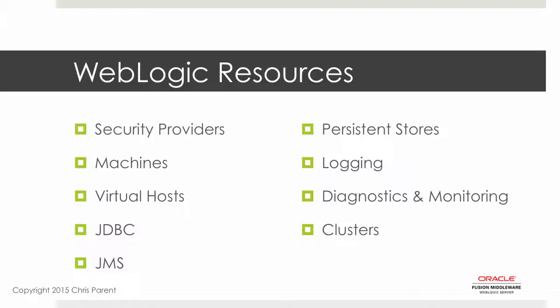Most of the resources you'll define, however, are application specific, such as security providers for authentication and authorization, resource adapters, JDBC data sources, JMS messaging services like a JMS destination or a foreign JMS provider.